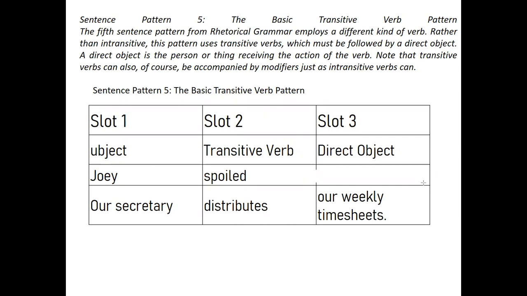What does Joey spoiled mean? It is not clear. It should be Joey is a spoiled kid. But here, spoil is used as the verb, not as a subject complement. Joey spoiled what? The verb spoiled cannot stand alone. It needs a direct object, so it is a transitive verb. Joey spoiled his niece.